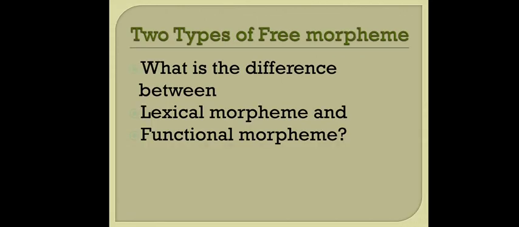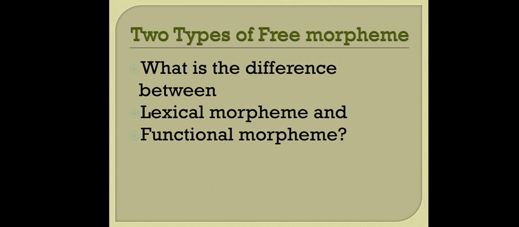Let's talk about types of free morphemes. There are two types of free morphemes known as lexical morpheme and functional morpheme. You might be thinking, what is the difference between them? Yes, there is a great difference between them.